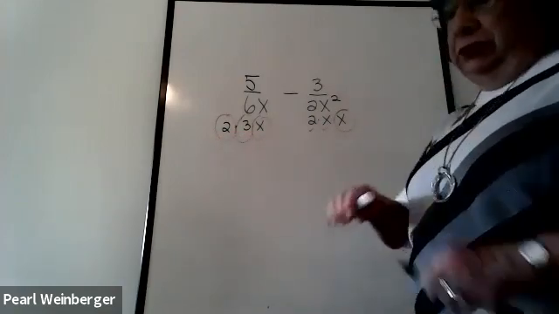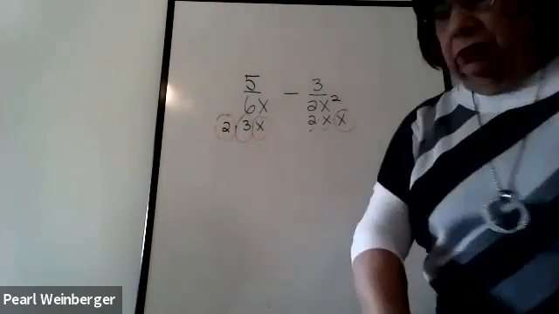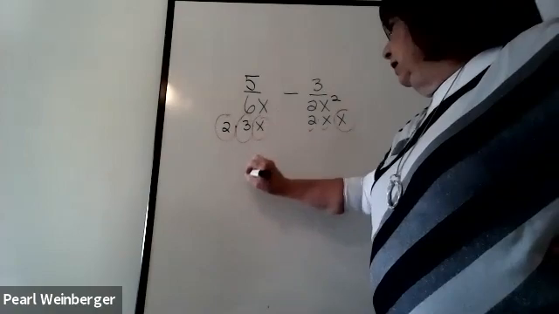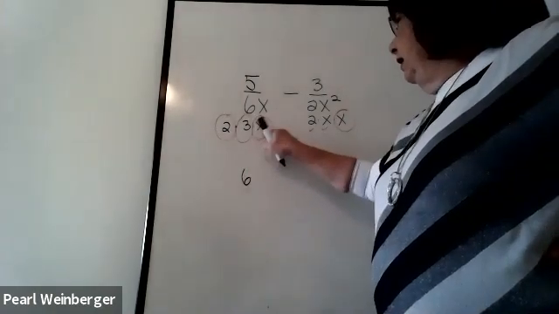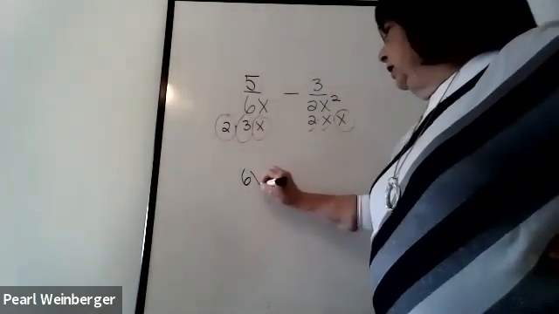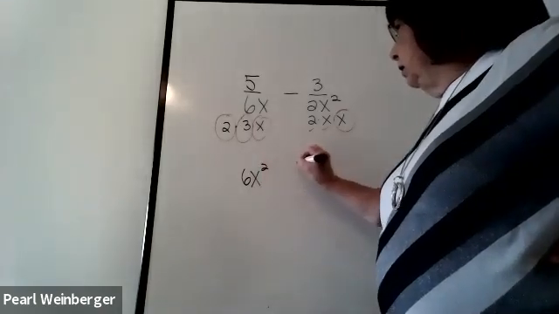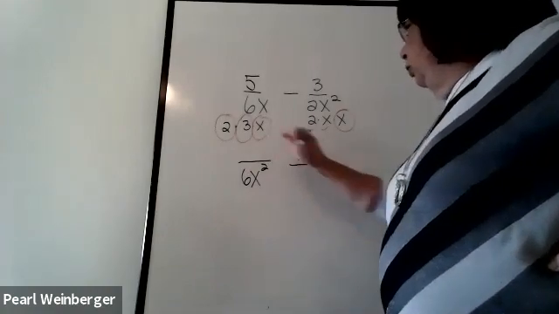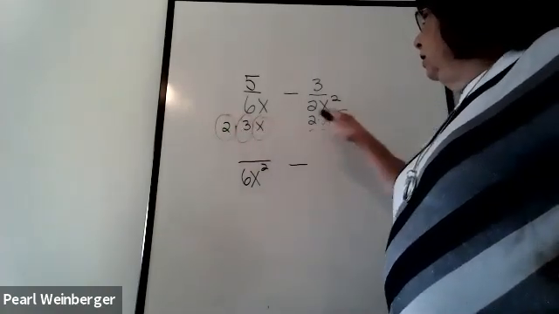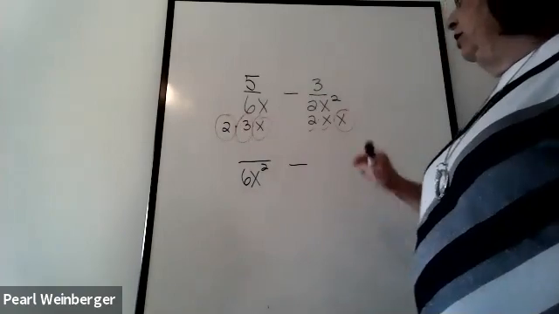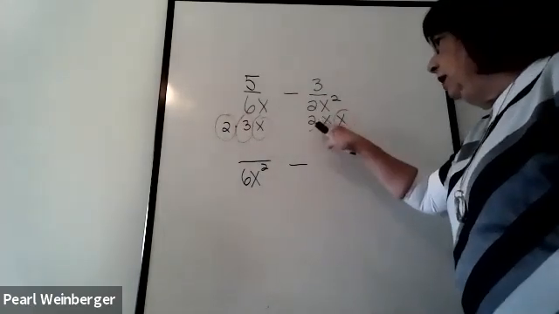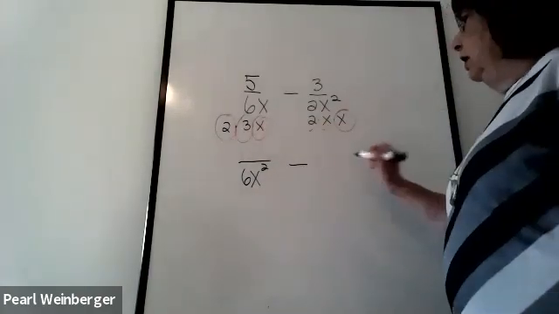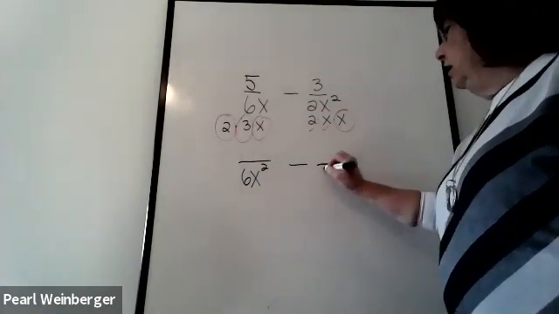Multiply all those things that you circled together. 2 times 3 is 6. X times x is x squared. So multiplying all the different factors that you see, not the repeated ones, but the original ones, the ones that we circled, gives us 6x squared.